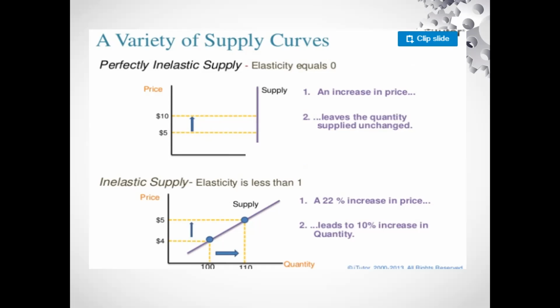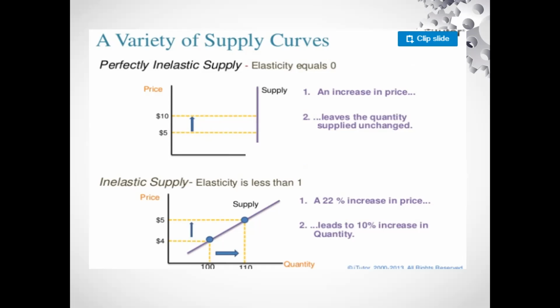Whatever the price may be, there is not much change in supply. Even if the price increases, they never stop supplying. They keep on supplying, which means there was no change in quantity. So in the case of perfectly inelastic demand, there will be perfectly inelastic supply also.